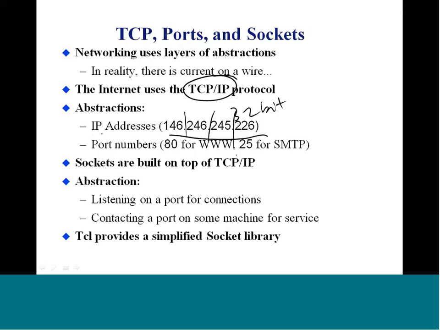We also knew how to code all these values, and what a subnet is versus the main network address. And then there are also port numbers in networking. Usually we use port number 80 for web traffic, and 25 is used for mail traffic.